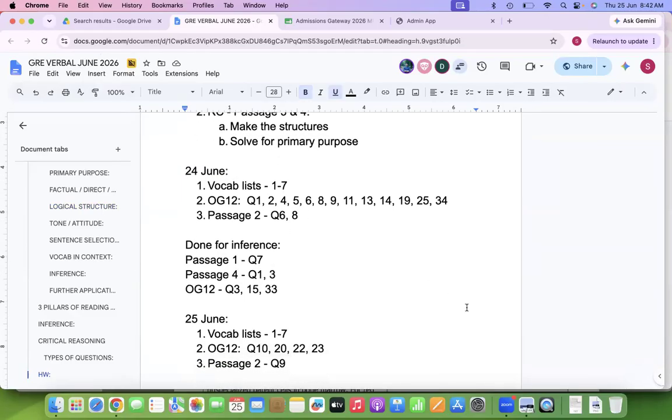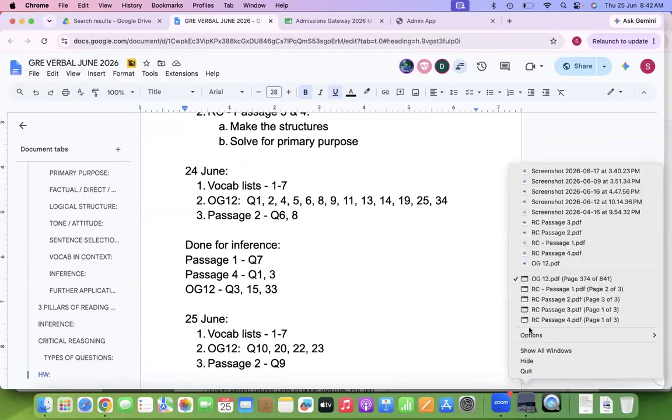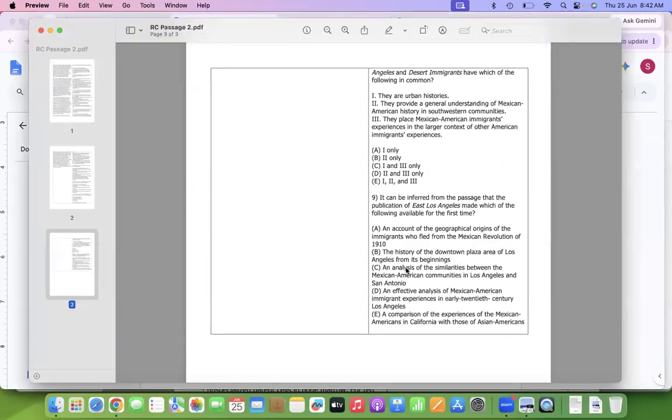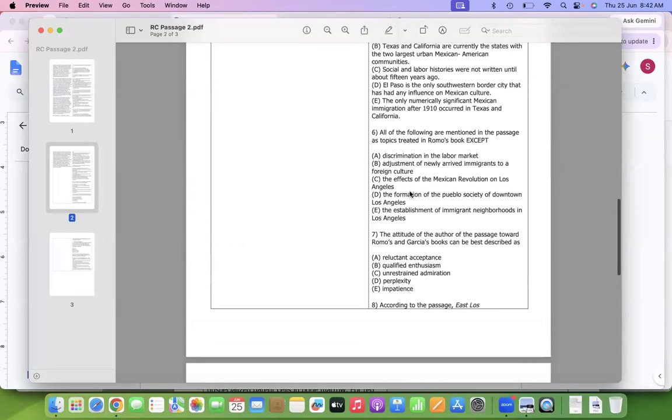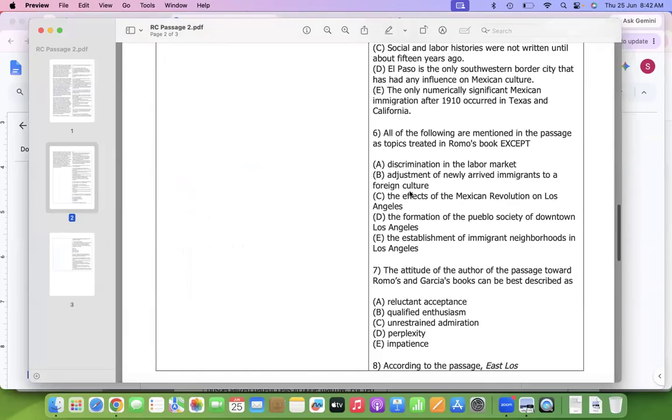We are starting with passage 2, questions 6 and 8. Passage 2, question 6, what are your answers? All are mentioned except.